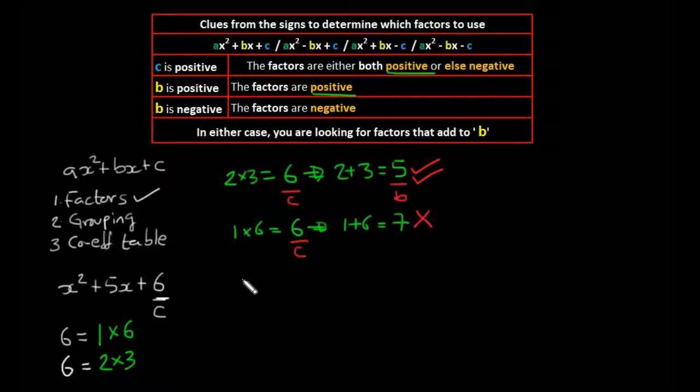x plus n and x plus m are two factors, where n is equal to positive 2 and m is equal to positive 3.